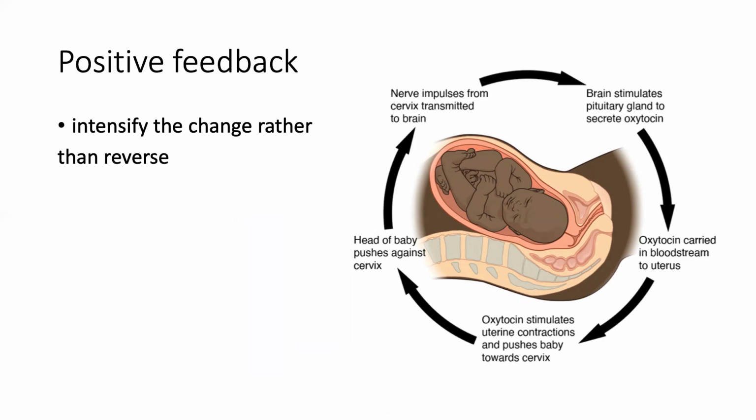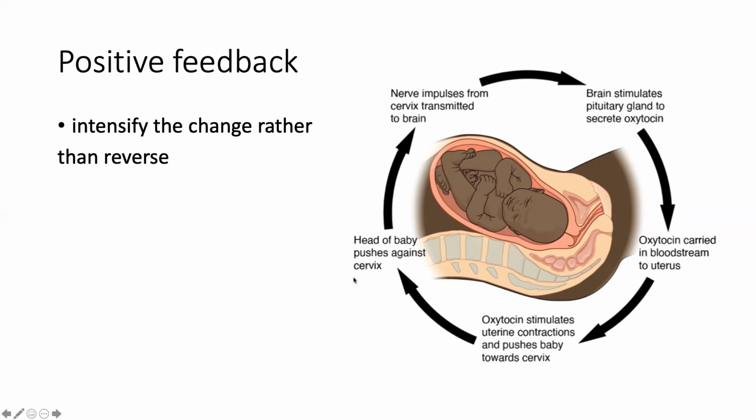For example, in childbirth, in a pregnant mother, once the delivery starts, the fetal head starts to present at the uterine cervix. The cervix is the lowest portion of the uterus, just before it enters the birth canal, the vaginal canal. And once this starts, there will be positive feedback.